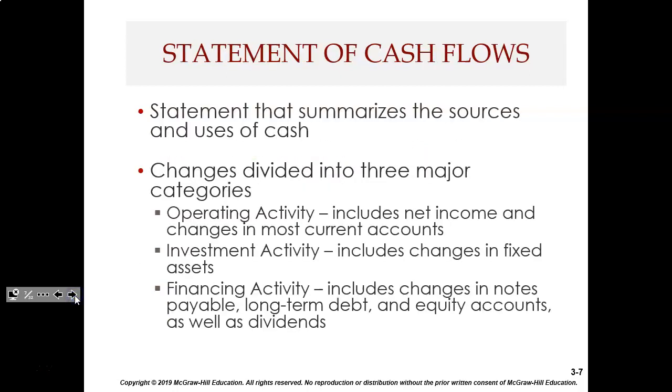Okay, now that we have our sources and uses, we kind of have to put that together and figure out what was our outcome for our company. So we do that using our statement of cash flows. This summarizes the sources and uses of cash. Generally, we're going to put them in 3 different categories. We have operating activities, that's net income, just where our inventory, our accounts payable, just from generally operating our business and doing our day-to-day thing that we do with our business.